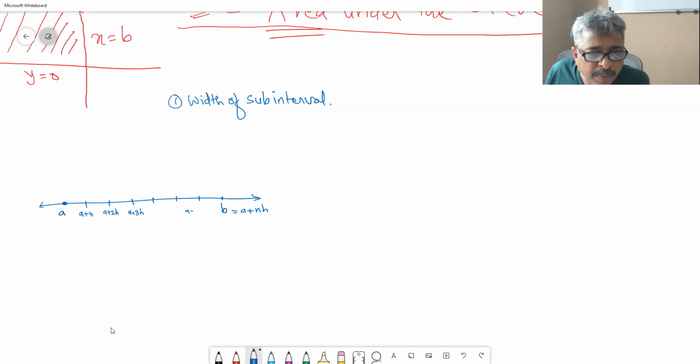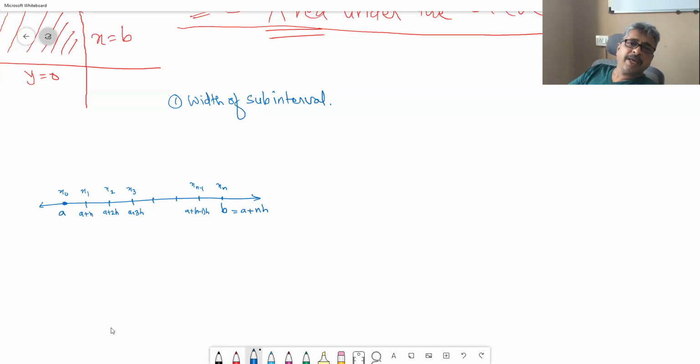This will be A plus N minus 1 times H, second last. Is that correct? So this is what was our x1, x2, x3, xn minus 1, xn. This is x0 in earlier language. Now every interval has the same width.